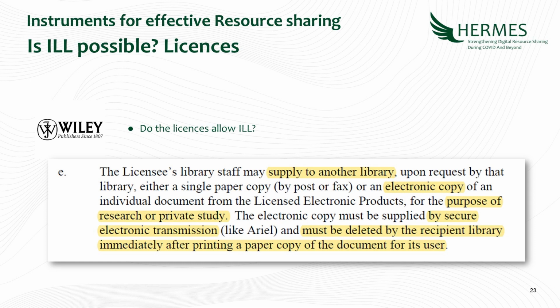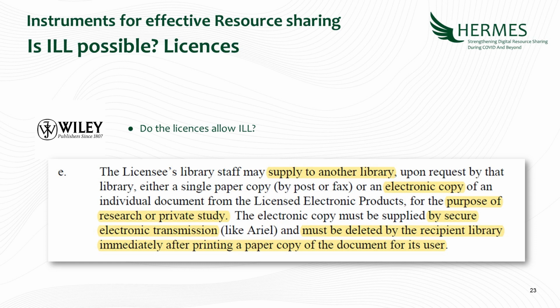The most common documents requested by our patrons are articles of electronic journals, and the electronic journals are subscribed under certain conditions established in the licenses that our library signs.